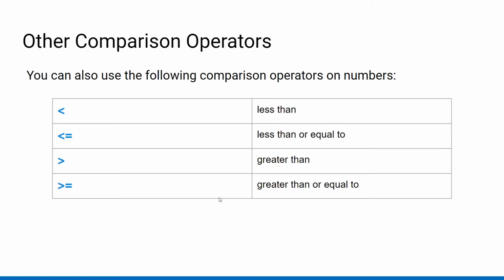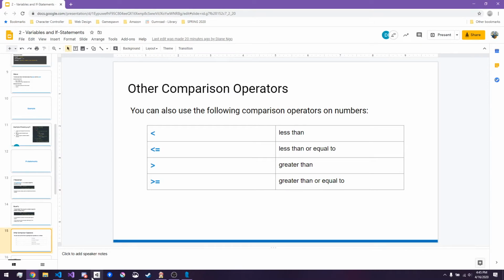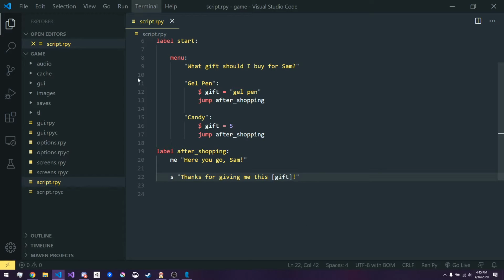Actually, let's just practice a bit of using if statements. Let me change this gift back to candy so it makes sense. So let's say after Sam receives the gift, Sam says an optional piece of dialogue in case you give Sam candy.